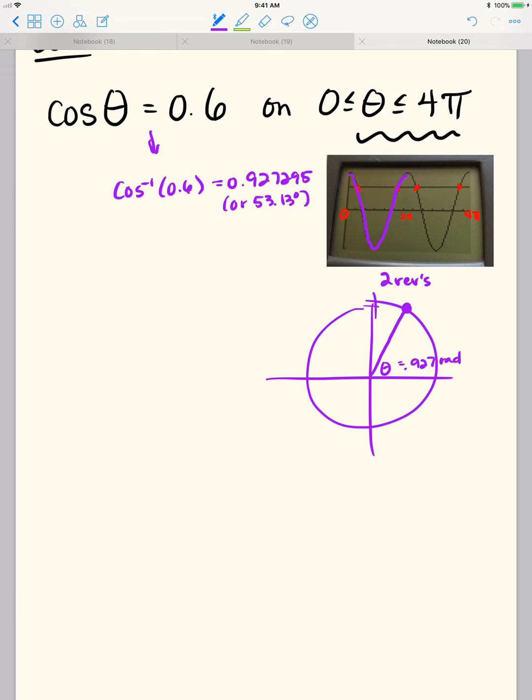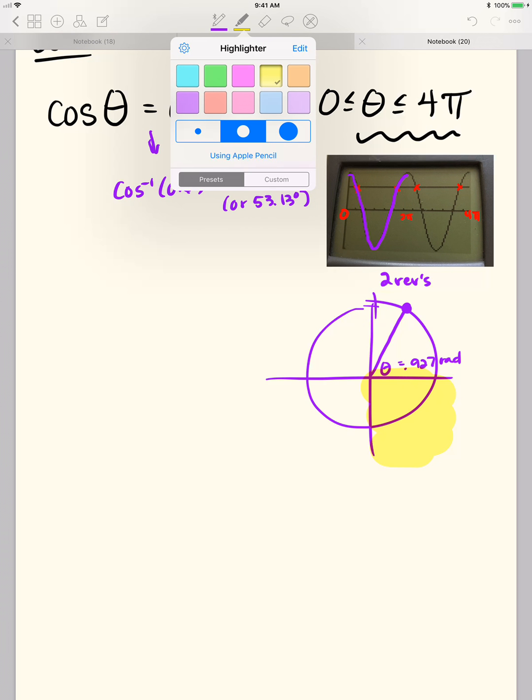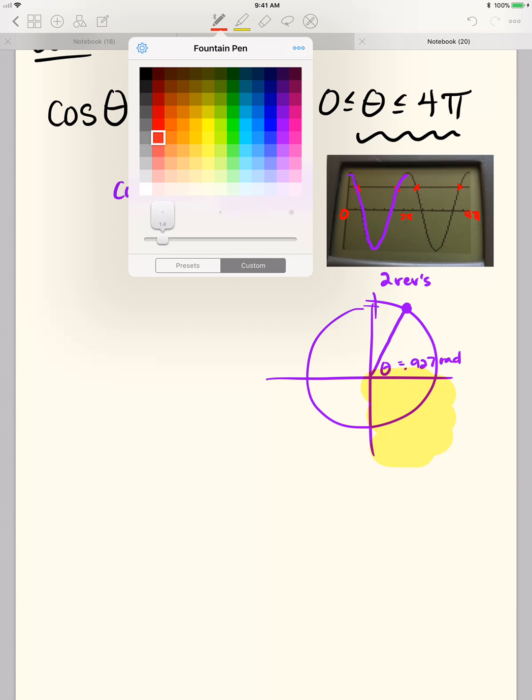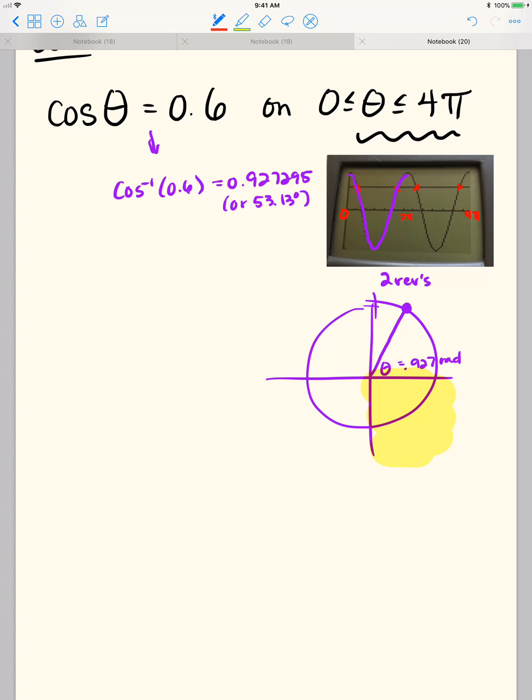And so if I want to know where else the cosine happens to be the positive 0.6, that's an x-coordinate, and the x-coordinate will have the same positive 0.6 down here in quadrant 4. So I'll have the same comparable angle down here in quadrant 4 that will just live in a mirrored location across the x-axis. Going from 0 to 2 pi, it will have that same reference angle of 0.927 down away from 2 pi.